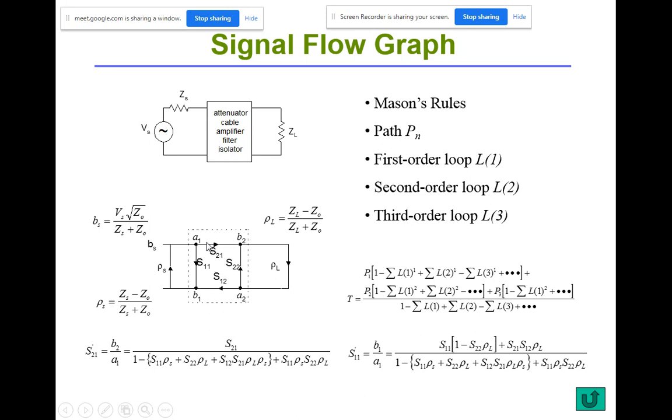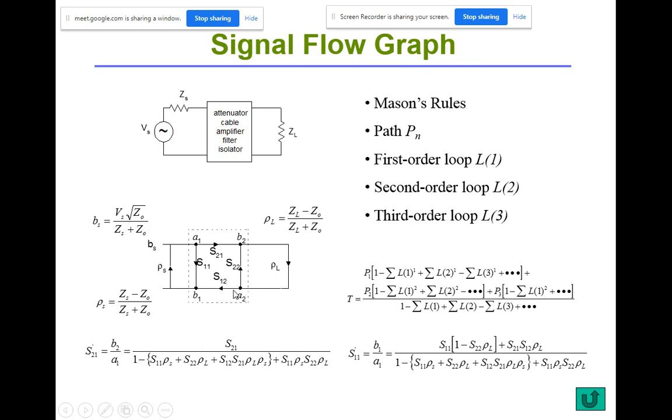So you can represent it with a path from A1 to B2. Because if you take B2 divided by A1, that is the transmitted wave divided by the incident wave. B2 divided by A1, that's the transmission coefficient. Correct? And similarly, if you take B1 divided by A2, that is the reverse transmission coefficient.